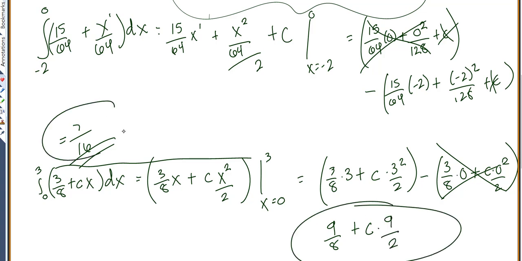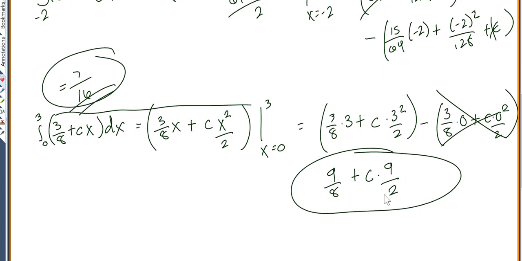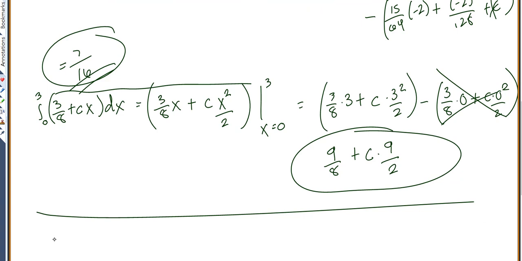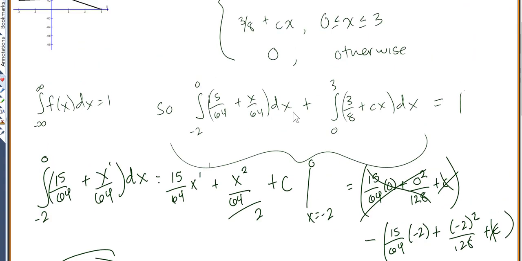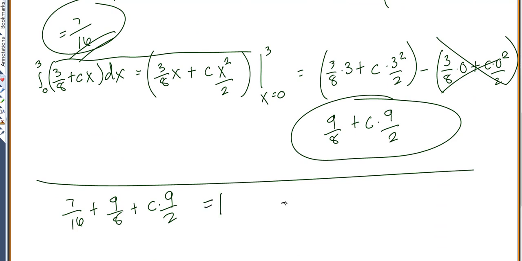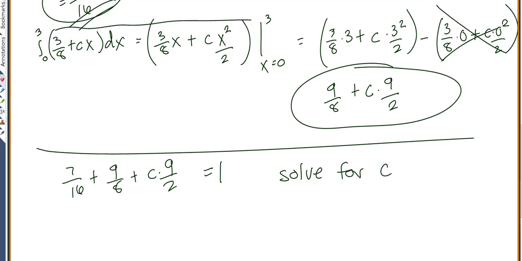Okay. So for my first piece I got 7 over 16. For my second piece I got 9 over 8 plus c times 9 over 2. So now remember, if you add it all up, 7 over 16 plus 9 over 8 plus c times 9 over 2, when we added all of that up, it was supposed to equal 1 because your integrals always have to add up to 1. This should be equal to 1, and now we'll solve for c. So feel free to use your calculator liberally. So let's subtract 7/16 and 9/8 from both sides.